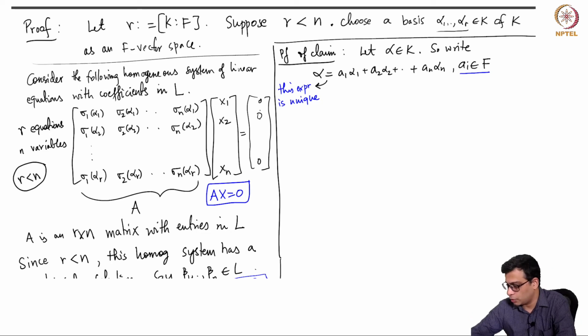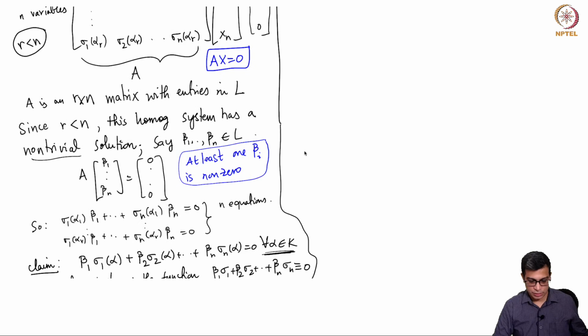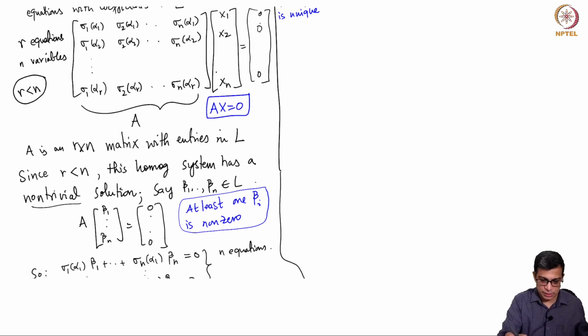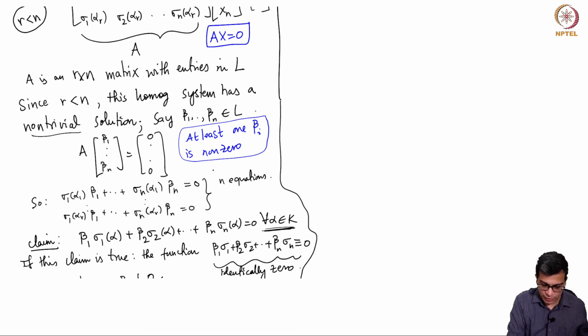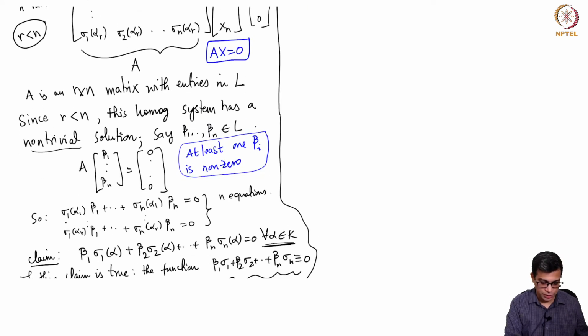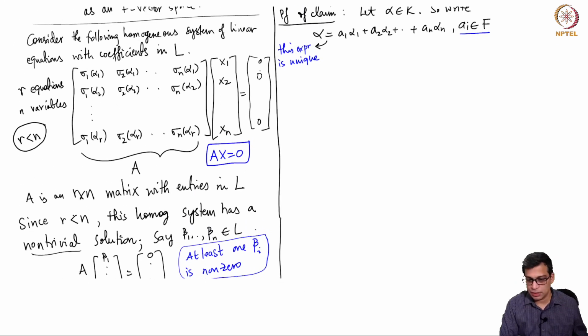So we are going to write this. So I hope you can see this, this is the system that I am interested in. This is the first equation, this is the second equation, and so on up to the nth equation. So you have all these things, r equations.